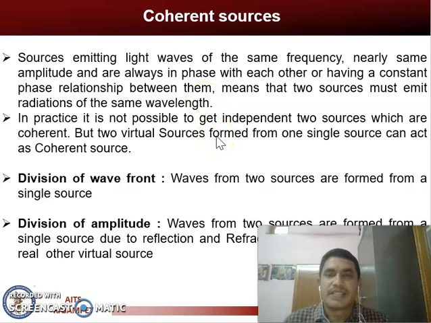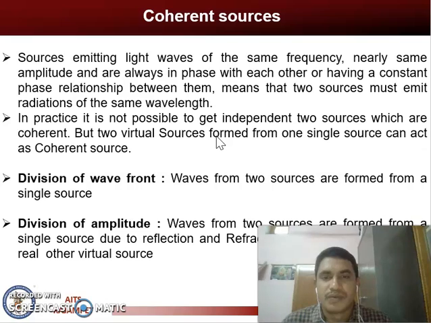In practice, it is not possible to get two independent sources which are coherent, but two virtual sources from one single source can act as coherent sources.